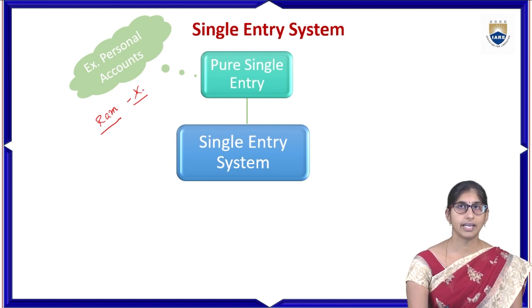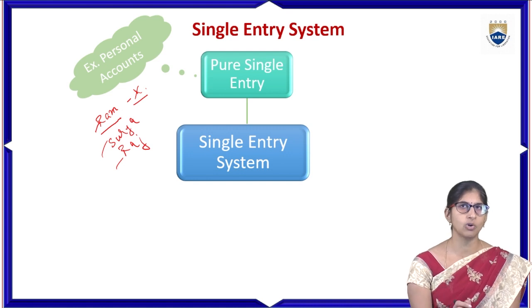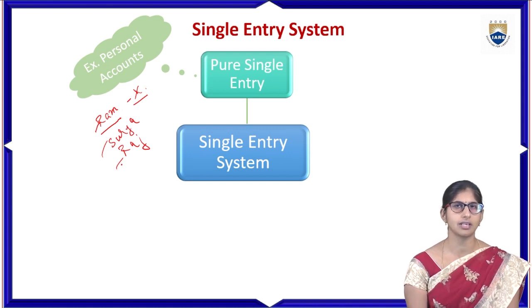X kirana shop is going to sell goods to Ram, to Surya, to Raj. X, that is a small petty kirana shop, is selling goods to Ram, Surya and Raj.